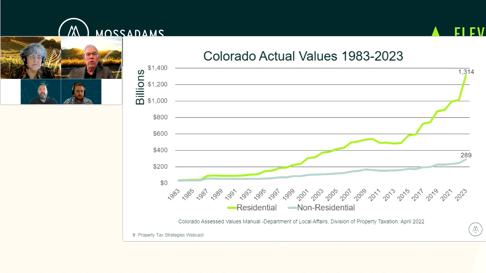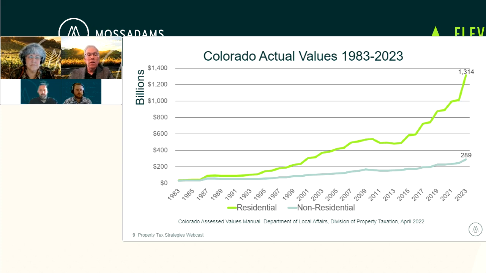This graph shows what's been going on with actual values in Colorado over the last 40 years. And you can see early on the difference between actual values from the assessor and residential actual values were very similar in the 1980s and 1990s.